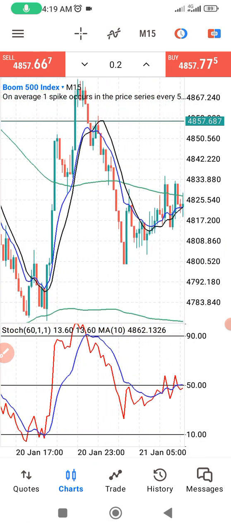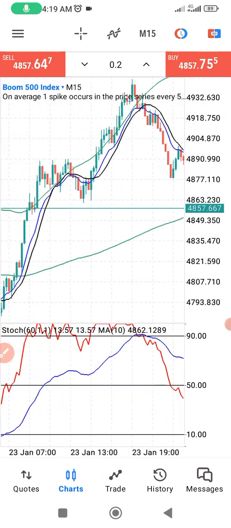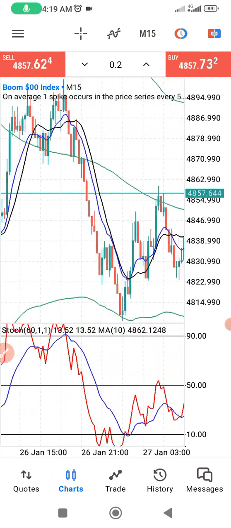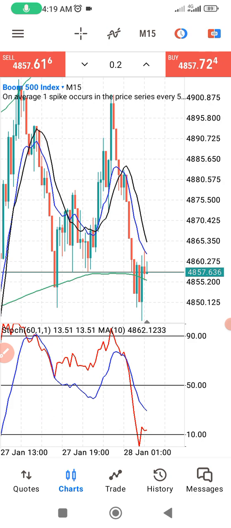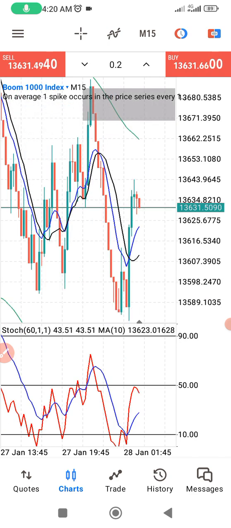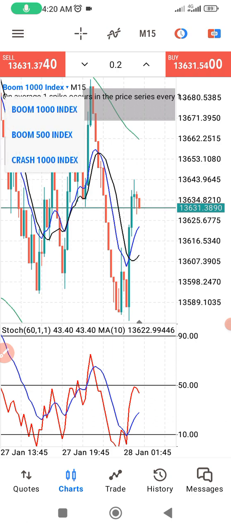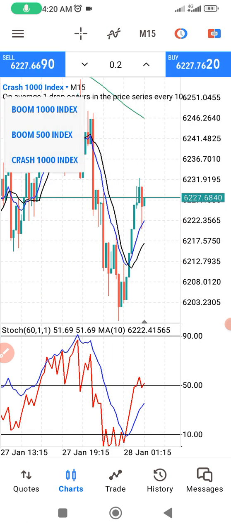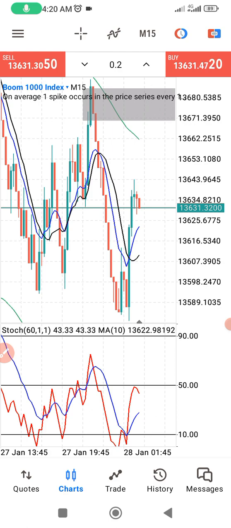So today I look at how to sell boom and then how to buy crash. Remember, always endeavor to follow the rules. Allow the conditions to be met, and then you make your entries. Follow the rules, be guided. Alright, so let's go.